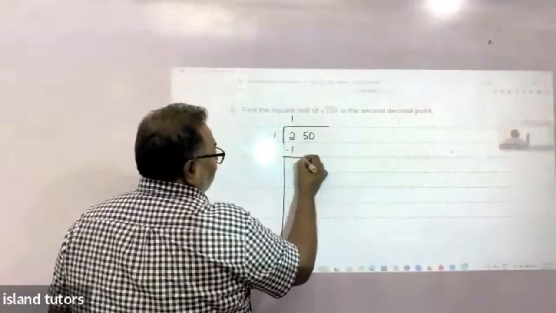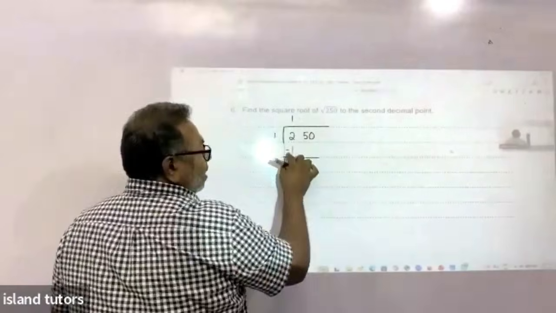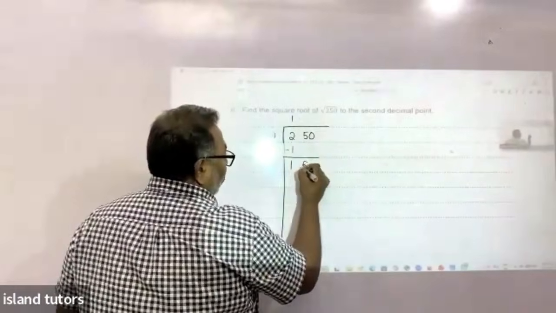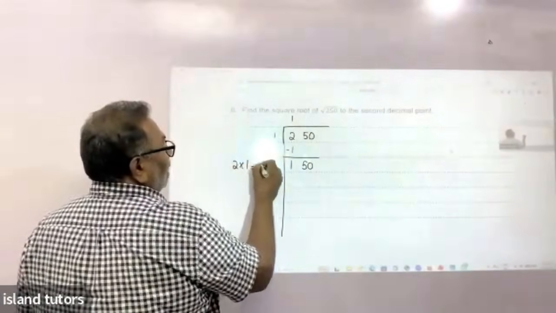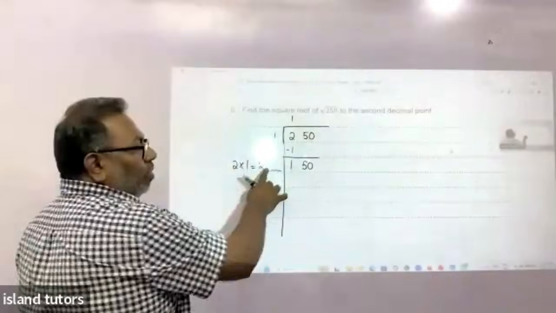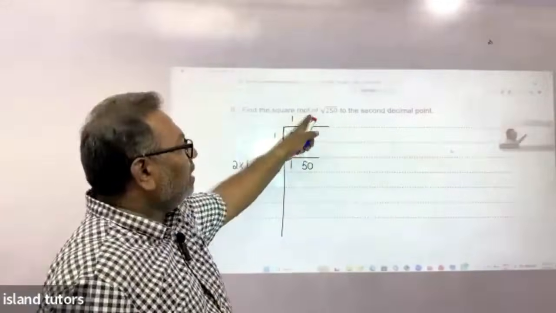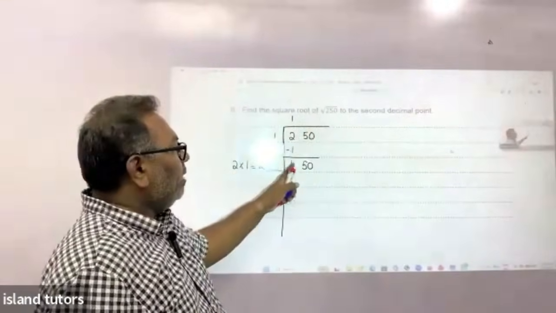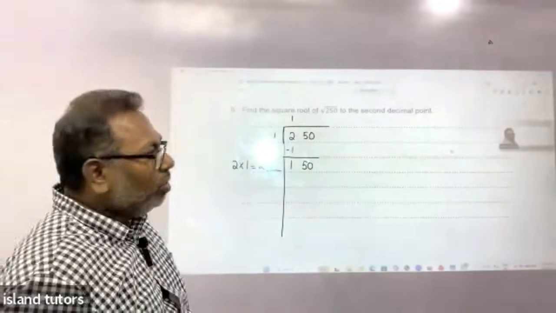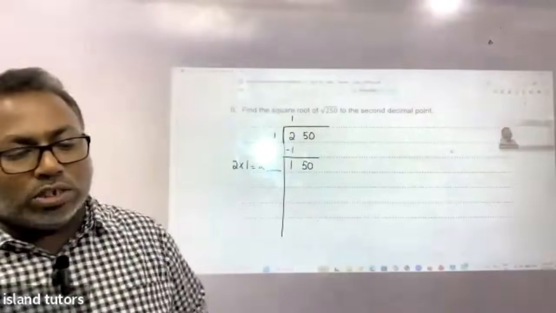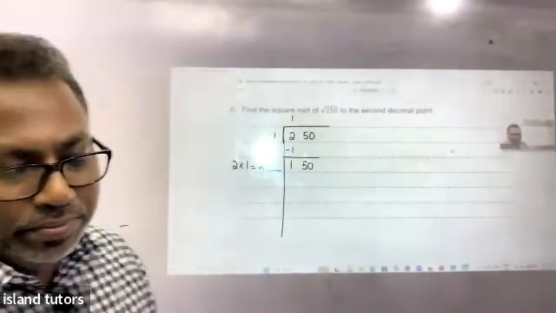So 2 minus 1 is 1. Bring the 50 down. Take the 1 here. 2 multiplied by 1 is 2. If I put a number here, I have to put the same number here, and it has to be less than 150. So what is going to be the closest value to that?